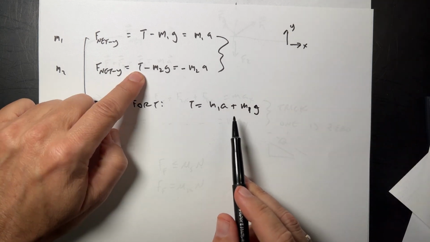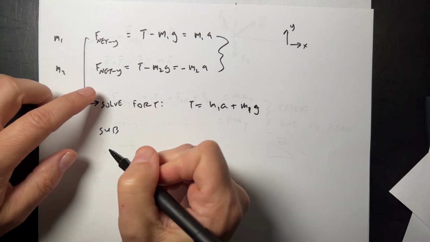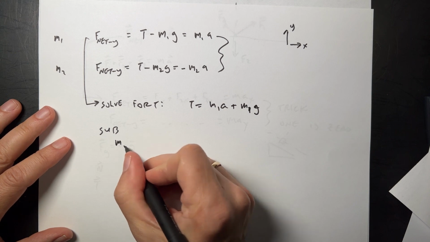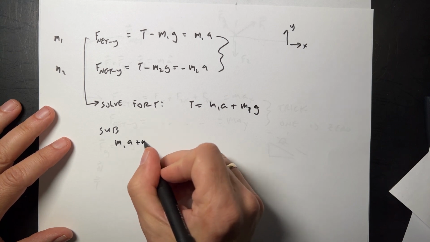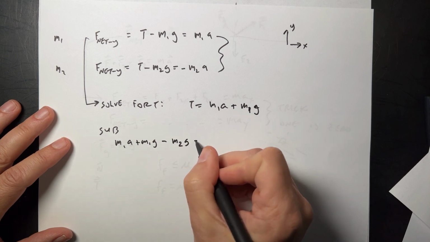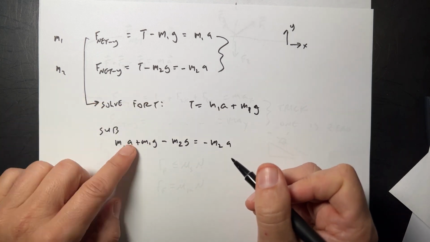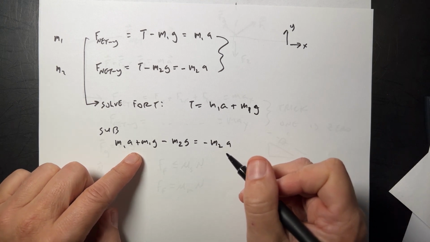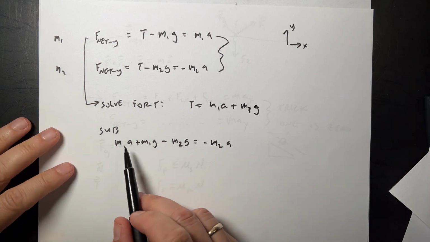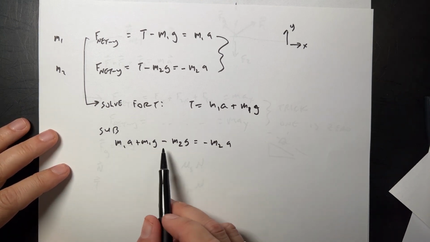Now I'm going to substitute that in up here. So if I put in this expression for T, I get m1a plus m1g minus m2g equals negative m2a. So all I did was, instead of T, I put that. Now I want to solve for a. So I want to add this to both sides and then subtract that.